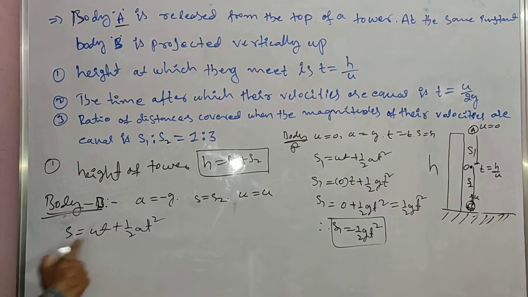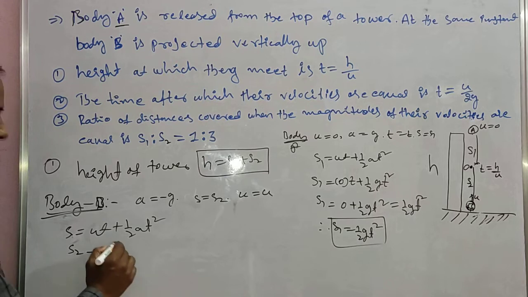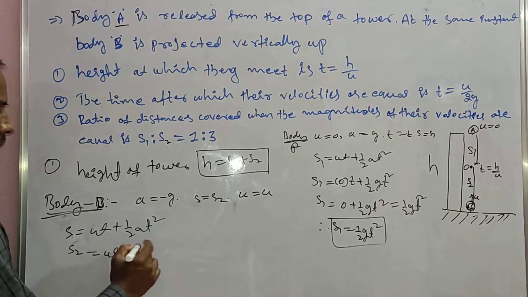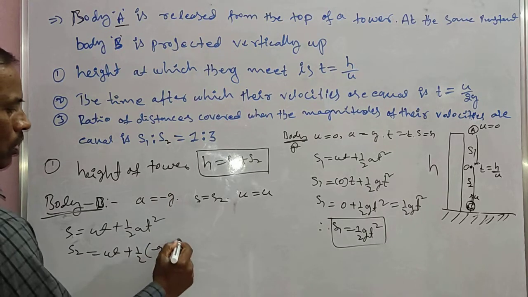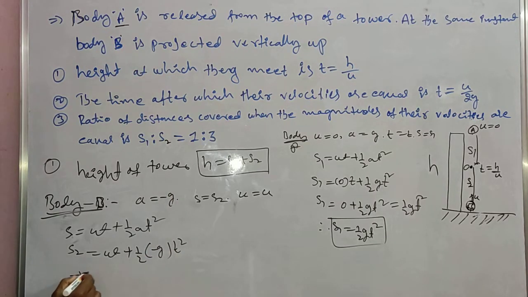So S2, the distance covered by body B, is equal to U times t plus half of a, where a is equal to minus g, into t square.